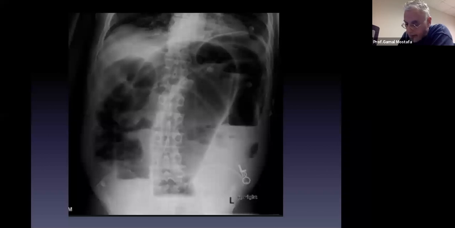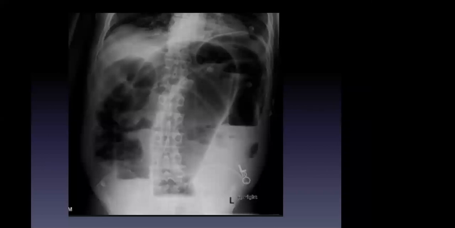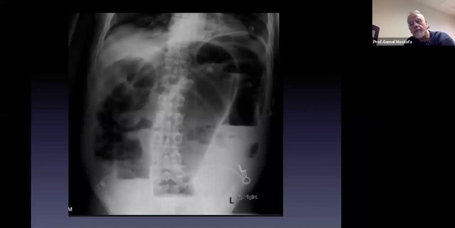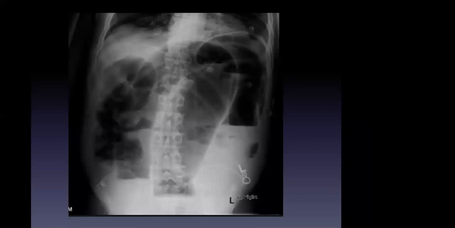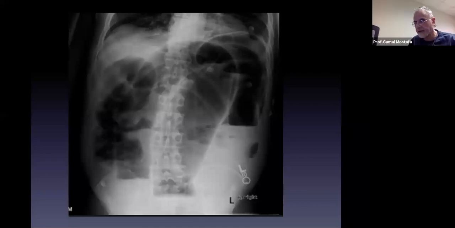What you're talking about here, obviously, is mechanical obstruction, right? Yeah. Okay. Could that be anything else other than mechanical obstruction? Yeah, it could be paralytic ileus or toxic megacolon. Paralytic ileus.